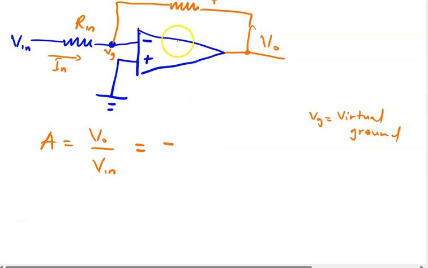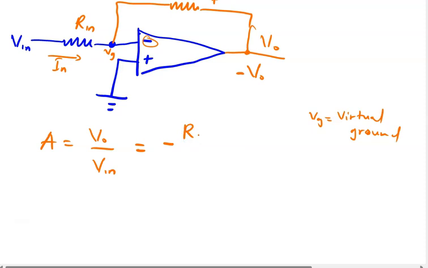So the V out normally, because it's connected to the negative side, is always negative. If it's connected to the negative side, the V out can be considered as negative. Do you get it?